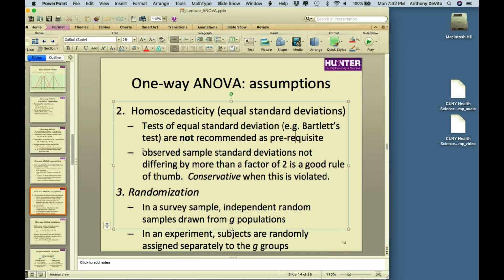But for the most part, when we look at our descriptive statistics, if the standard deviations don't differ by a factor of two, in other words, one is not double the others, then as a rule of thumb you can assume the assumption of homoscedasticity, equal standard deviations, is not violated. And then of course we want our samples to be random and independent, as we do in many tests. So these are our assumptions for analysis of variance.